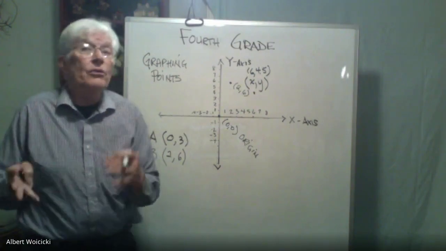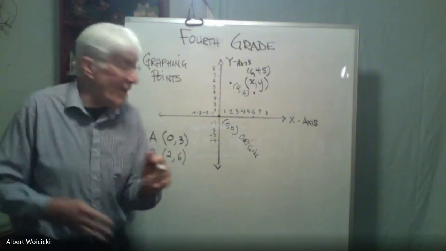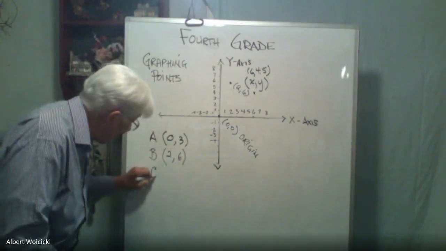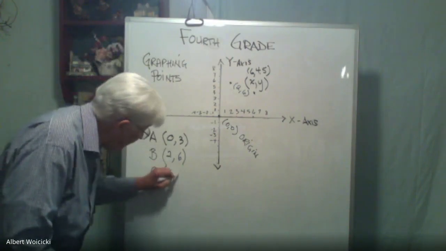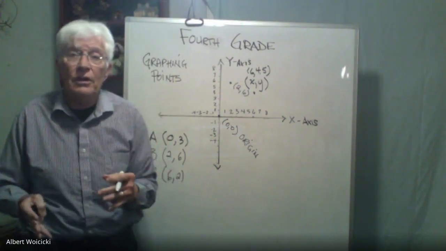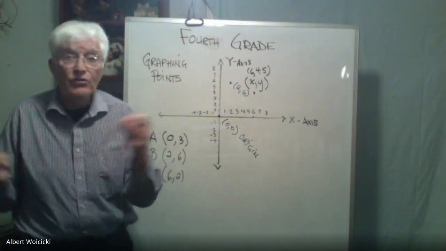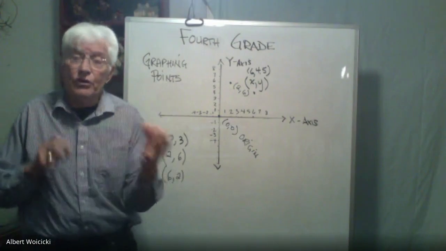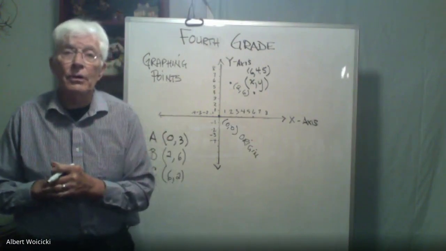And now you may ask them, is that the same as this? What happens if I change it and I say, what about 6, 2? Is that the same as 2, 6? And just wait. Is 2, 6 the same as 6, 2?